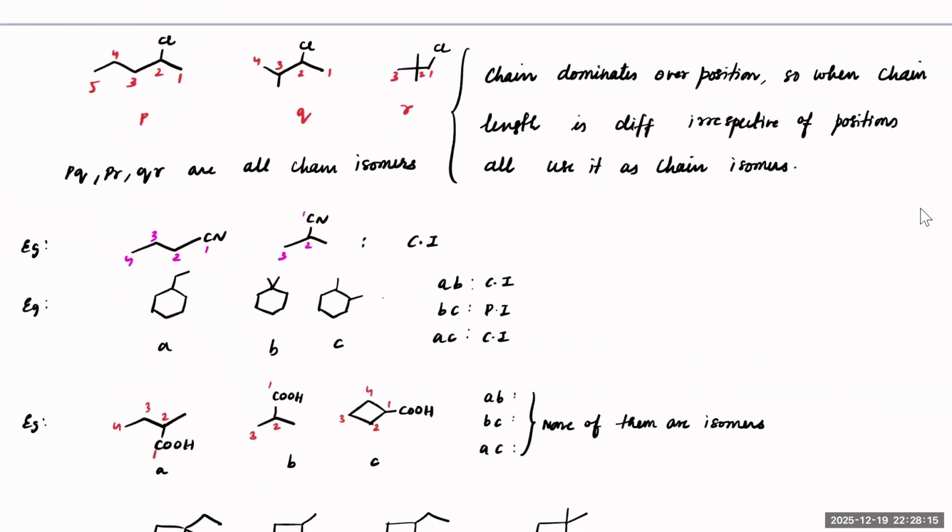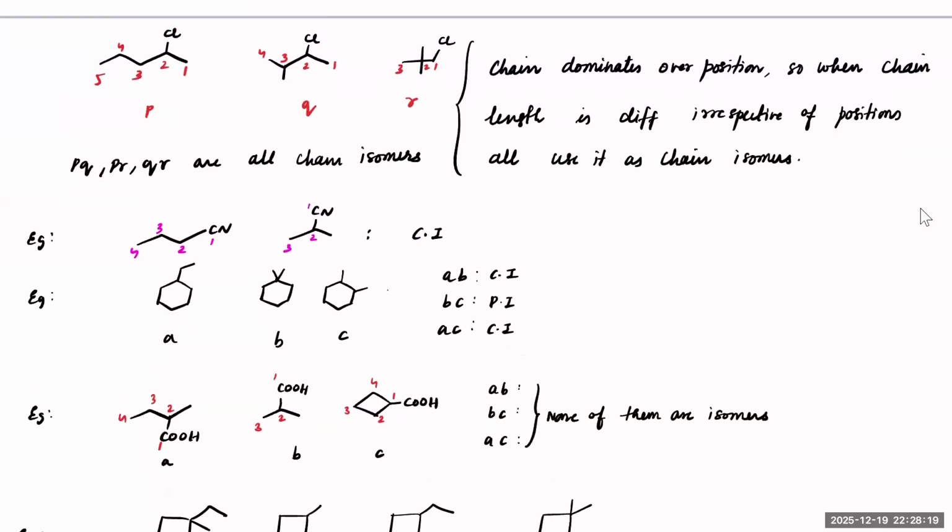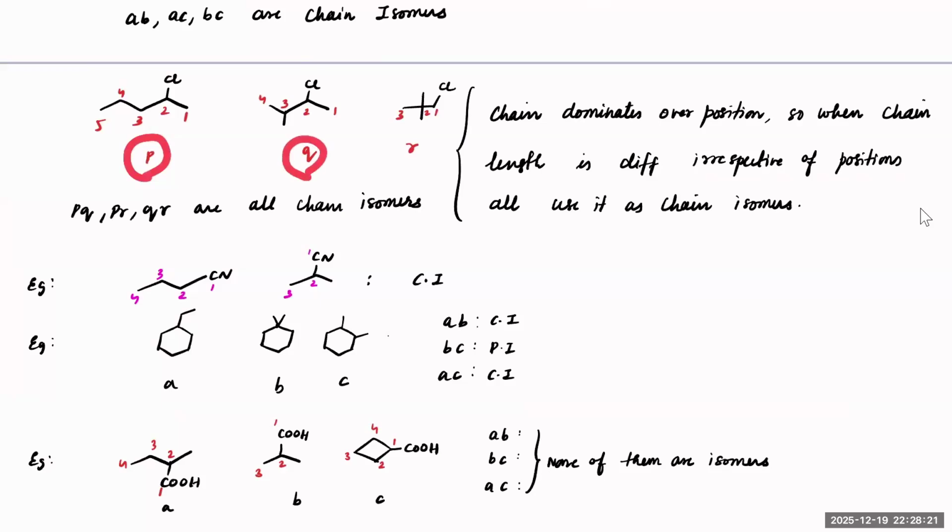Next, you see, here this is P, Q and R. I have one chlorine substitution, but the chain length is different. Now it doesn't matter where the chlorine is, whether it is at position 1, 2, 3, 4, it doesn't matter, as long as the chain length has been changed.